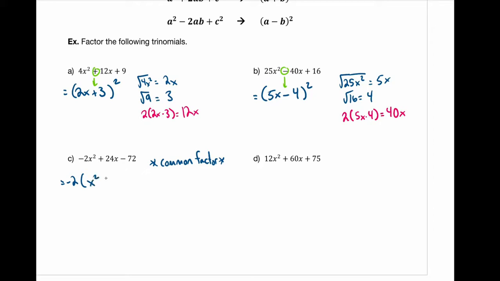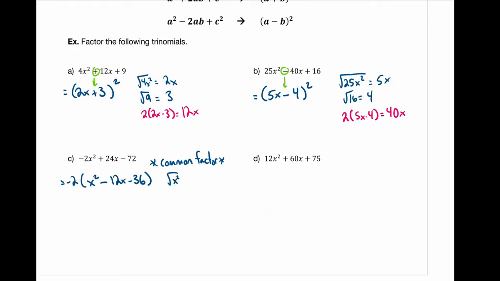I'm left with x squared minus 12x minus 72 minus 36. Now I can check this trinomial in the bracket to see if it's a perfect square trinomial.